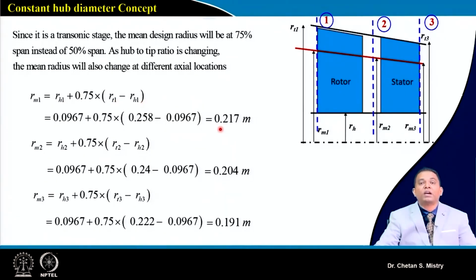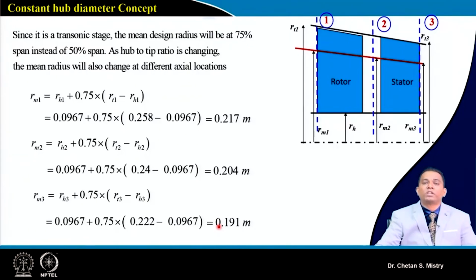We can say this comes to 0.217 meter. In the same way at mid station, location 2, it comes to 0.204 meter, and at the exit it comes to 0.191 meter.